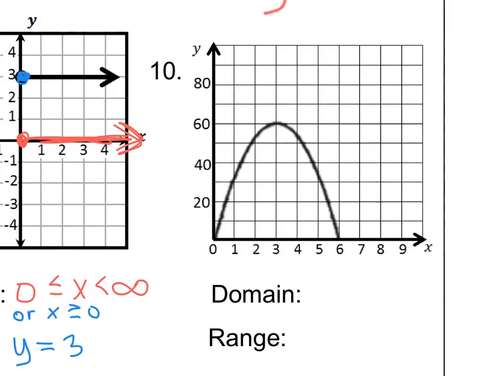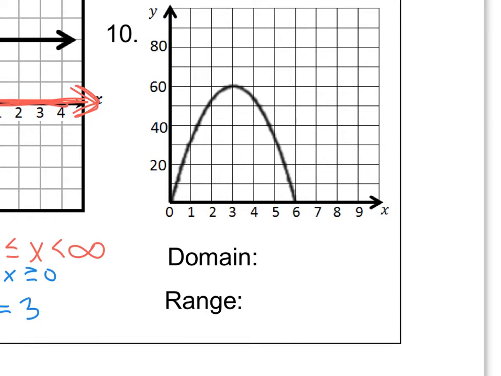All right, number 10. Sometimes it helps to see number 10 for a couple of reasons. First, we're thinking about our boundaries. So when I'm looking at my boundaries, it's very simple to see on the x-axis that I'm going from here to here. And on the y-axis, I'm going from here, but I don't have an endpoint up here.